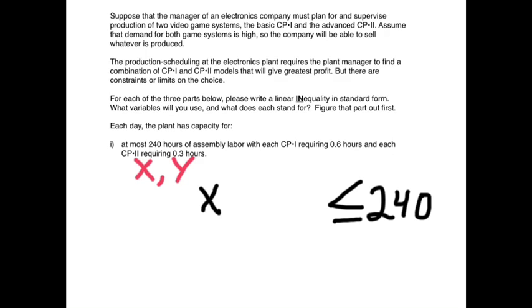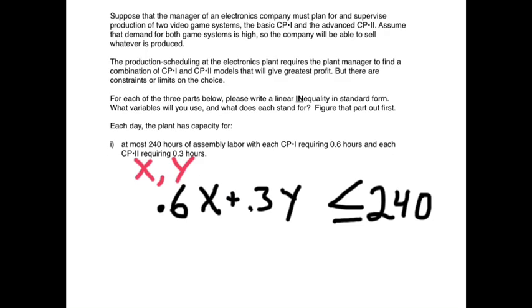So we're going to have the number of hours assembling the CP1s. Well, how much does each one take? 0.6. So 0.6 times X plus 0.3 times Y, where Y is the number of CP2 consoles and 0.3 is the number of hours that it takes to assemble one.